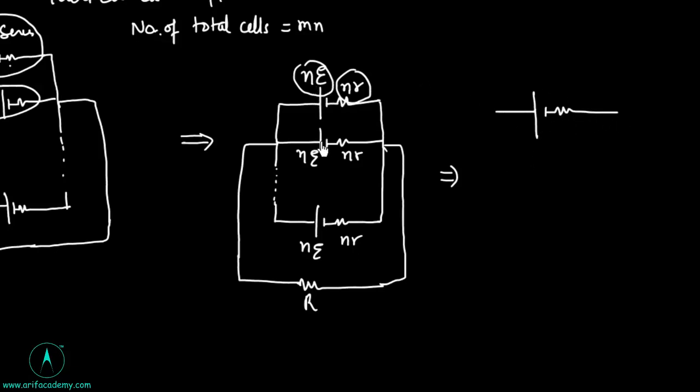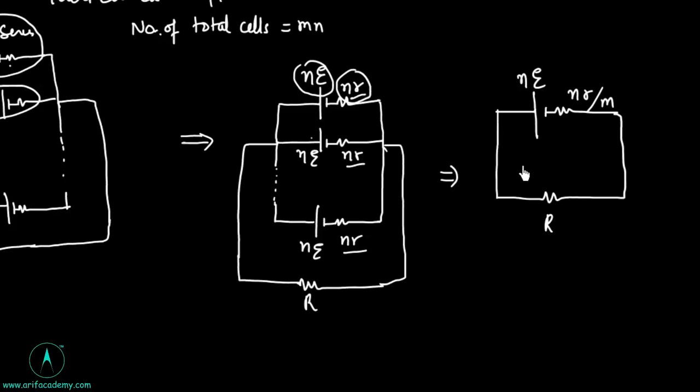Since the EMF is the same, the same EMF will be applied irrespective of the number of branches, so EMF is nE, but these resistors can be considered to be connected in parallel, so nR upon m, because there are m branches, and there is an external load R. So this is the equivalent cell out of this cluster of resistors. How much will be the current here?